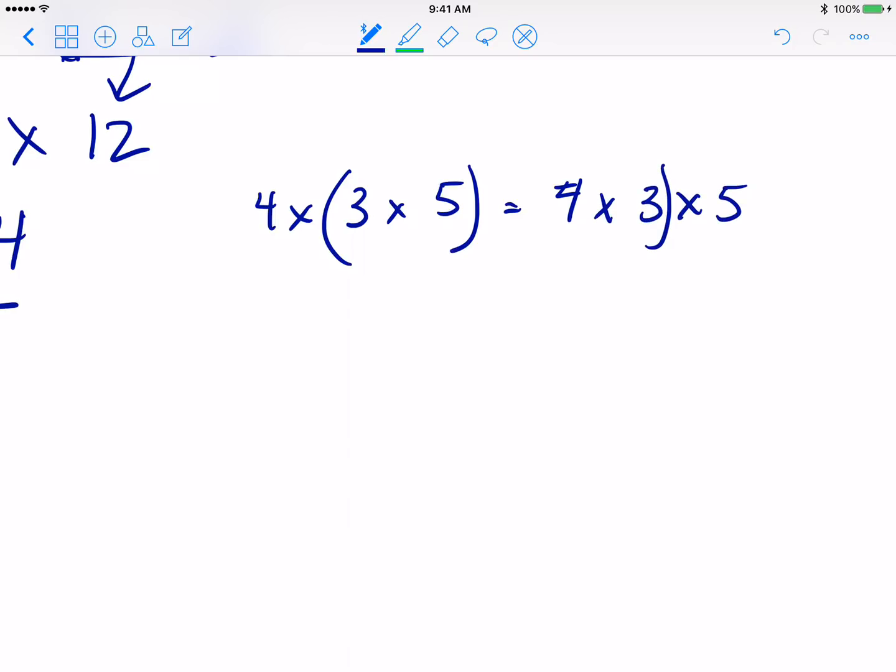If the parentheses are there, it's going to be equal to the same thing. If I do my parentheses first, 3 times 5 is 15. 4 times 15 is going to be equal to 4 times 3 is 12 times 5.